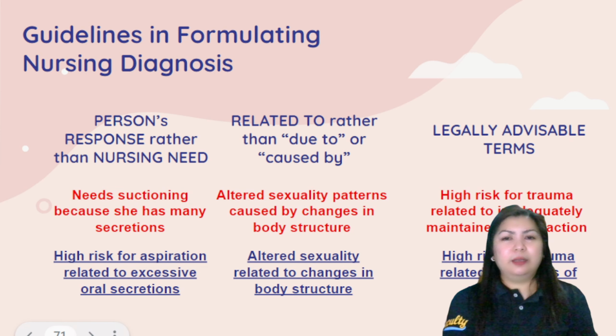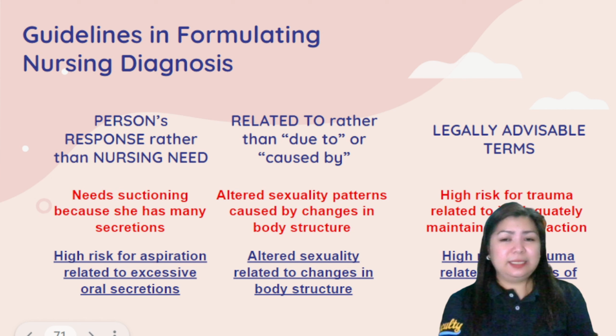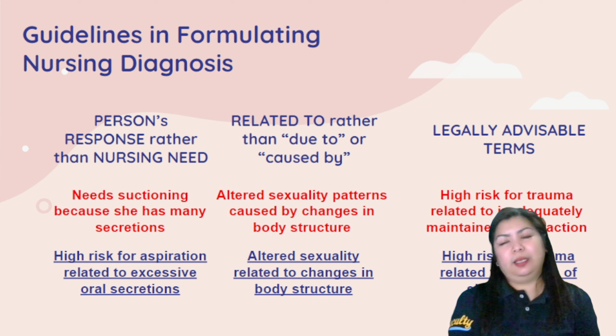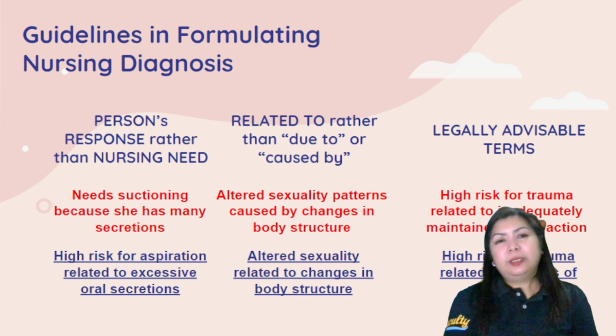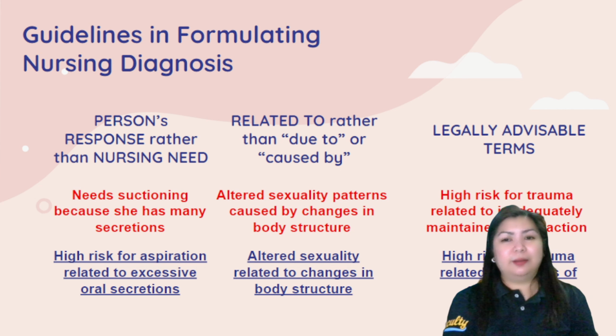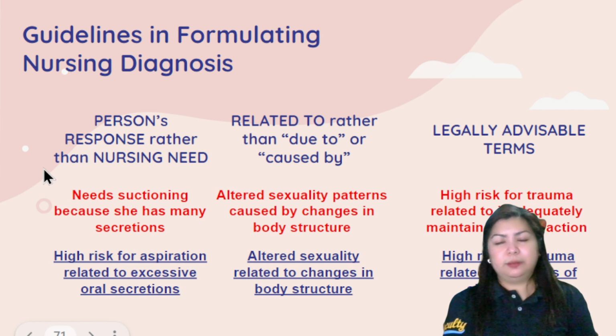Now, there are several guidelines in formulating nursing diagnosis so that you would be guided and arrive at a correct nursing diagnosis statement. Person's response rather than nursing need should be your focus. Example.